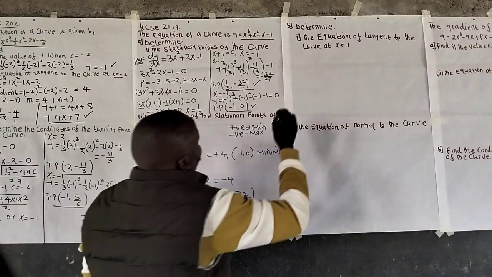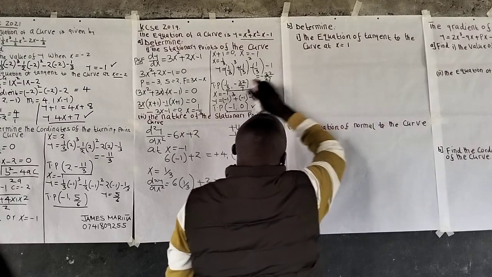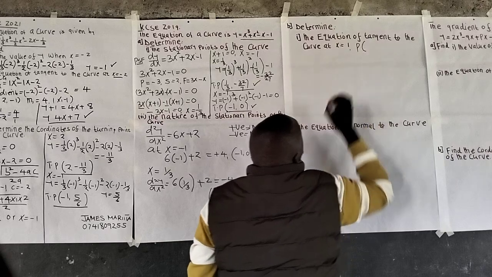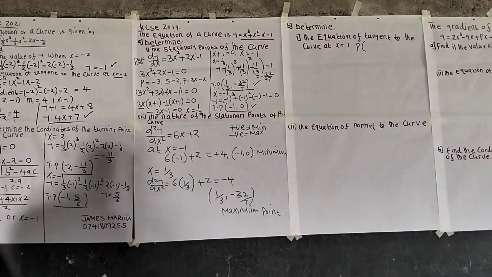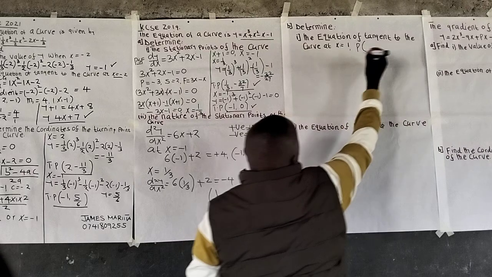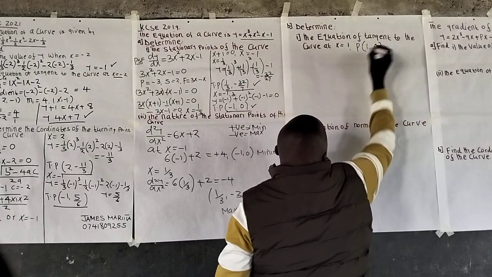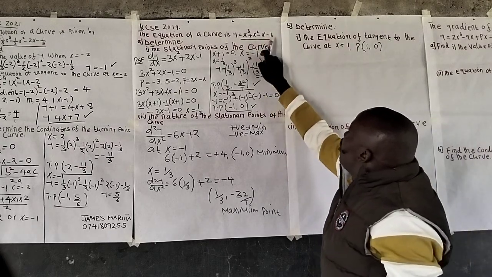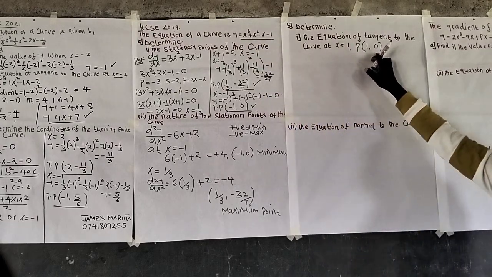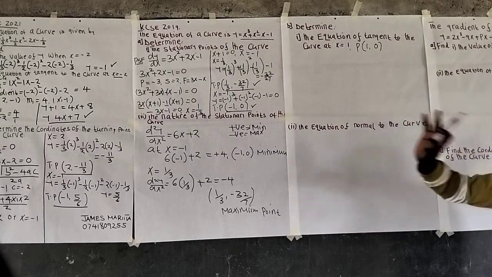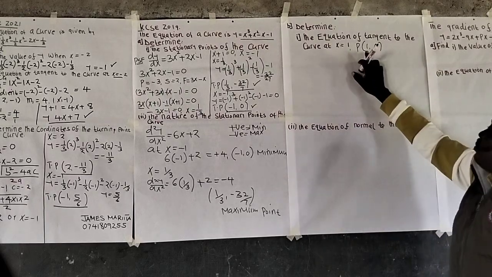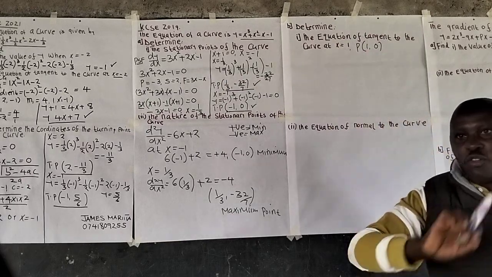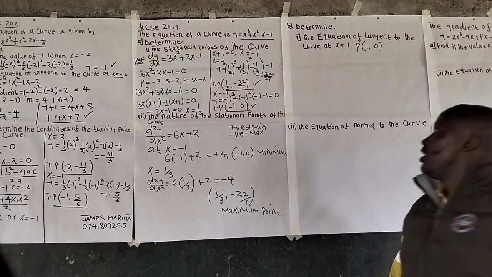Already we have the points where the curve passes through. When x is equal to -1, the value of y is equivalent to 0, because you substitute it in this equation and y is equal to 0.